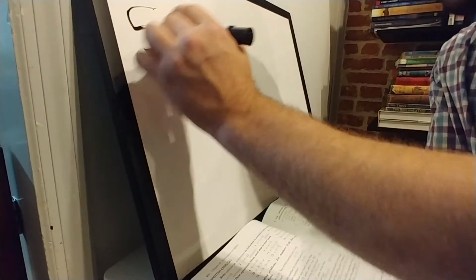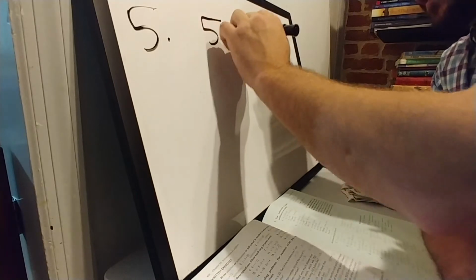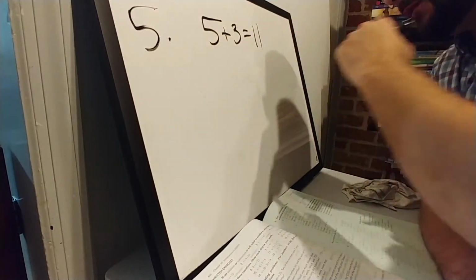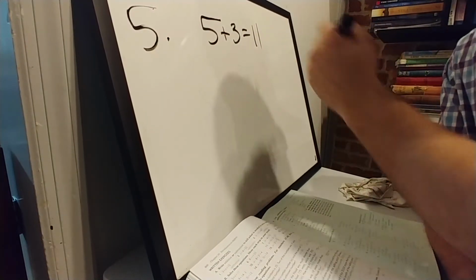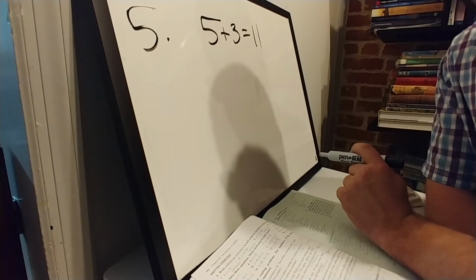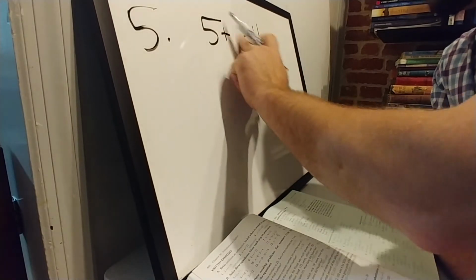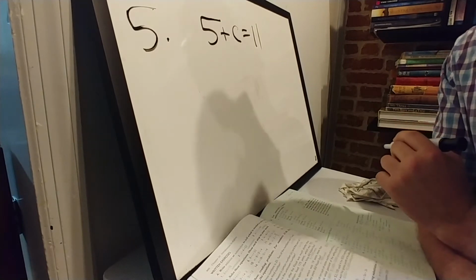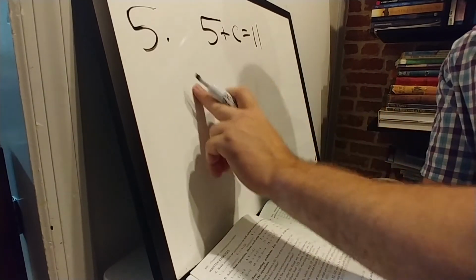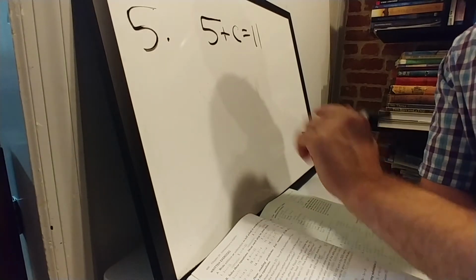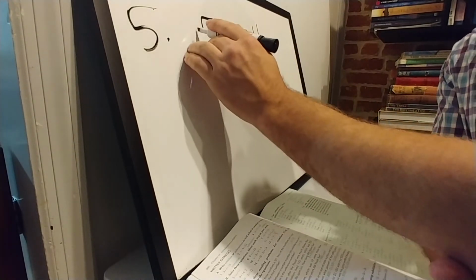All right, let's go down to part B. Solve these equations, show each step of your work. So number 5, we have 5 plus c equals 11. We're trying to figure out what c is. If there's no sign in front of here, that means it's positive.